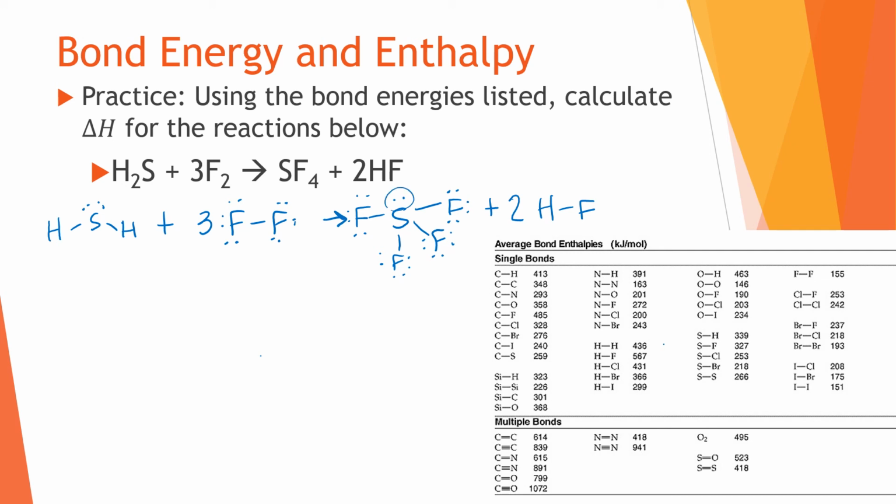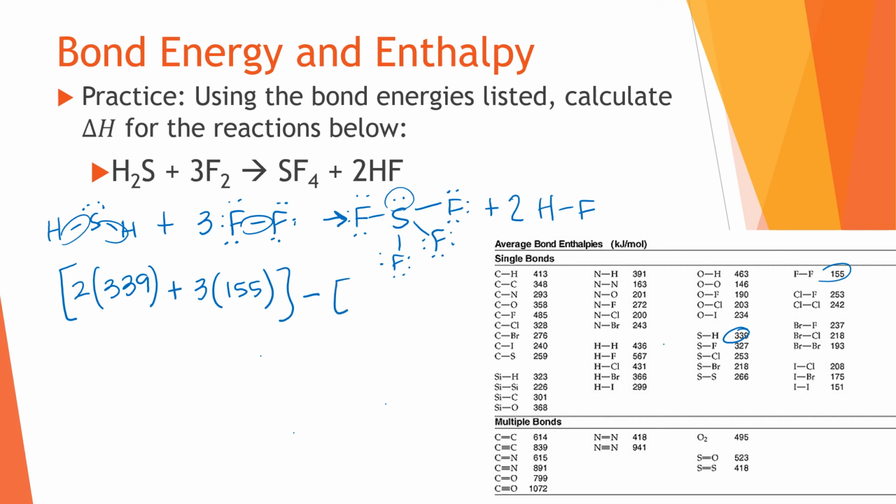Okay, so for my reactants, I have 2 hydrogen-sulfur bonds, so 2 times 339, plus I then have 1 fluorine-fluorine bond, but 3 of those, so I have 3 times 155, minus I have 1, 2, 3, 4 sulfur-fluorine bonds, so 4 times 327, plus, and I have 2 hydrogen-fluorine bonds, so 2 times 567.